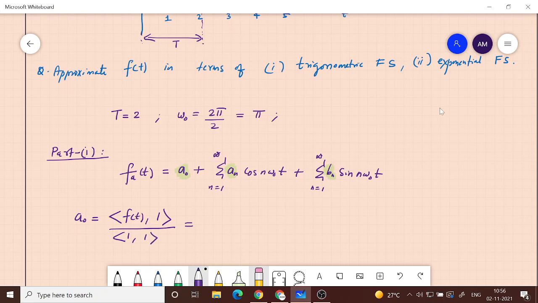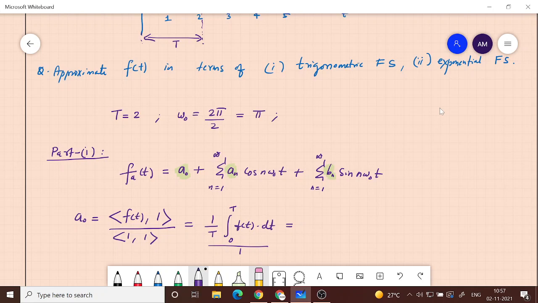Okay, and when we did this, we got it as 1 by T integral 0 to T f of t dt. The denominator here was 1, right? So this was 1. The numerator is just the inner product of f of t and 1.